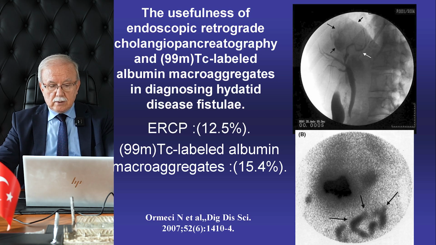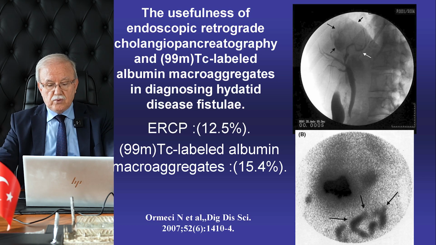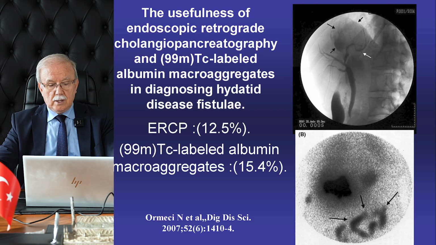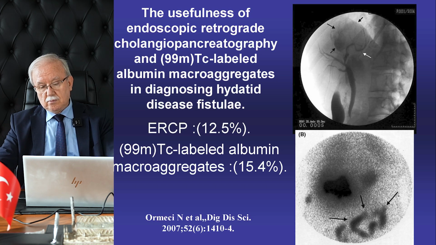When we inject the 99m technetium labeled albumin macroaggregate into the cyst, if there is any kind of connection between the cyst and the biliary duct, vessels, or common bile duct, then the macroaggregated albumin, being less than 20 nanometers, can pass through these vessels, and we can directly understand that there is a fistula between the bile ducts or vessels or some other spaces.